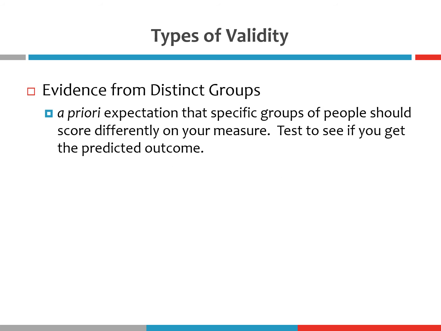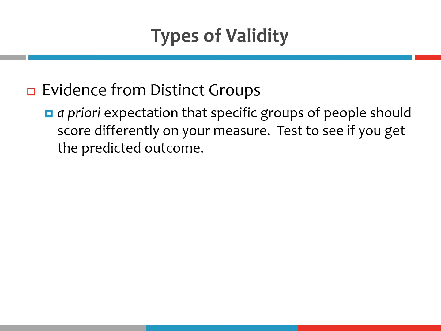Okay. So another type of validity that we can use to assess our new measurement instrument is evidence from distinct groups. So what do I mean by evidence from distinct groups?